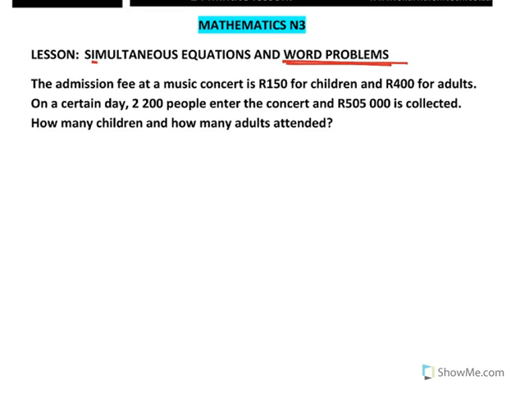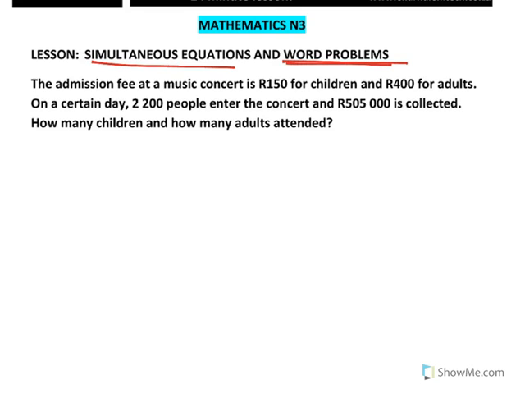Again, remember, this is linked to the simultaneous equations in a way. It says the admission fee at a music concert is 150 rand for children and 400 rand for adults. On a certain day, 2,200 people enter the concert and 505,000 is collected. How many children and how many adults attended? Let's now underline the key things there.